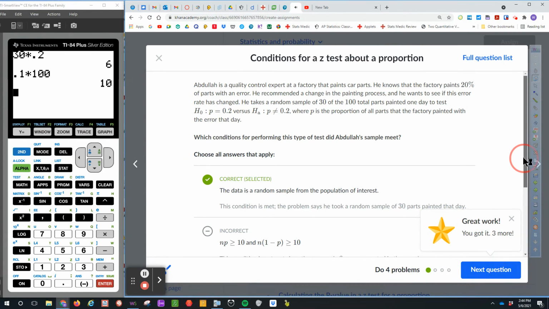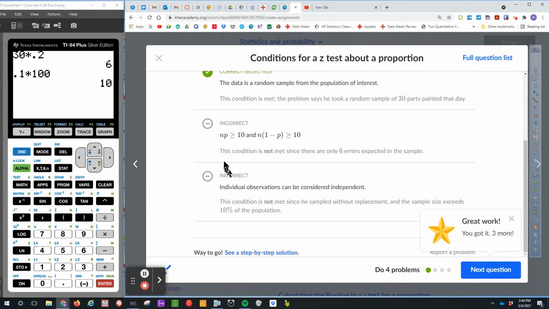This normal condition is not met because there are only 6 errors, since 30 times 0.2 is 6, which is not more than 10. And the independence condition is not met since he sampled without replacement and the sample size exceeds 10% of the population.